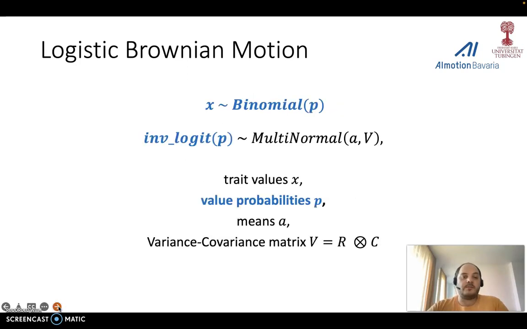In our case, we were looking at categorical, specifically binary values, so we extended this model with a binomial distribution to describe the actual trait values, and the actual Brownian motion would be used to describe the logit probabilities for the binomial distribution.